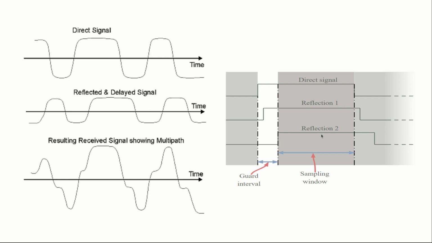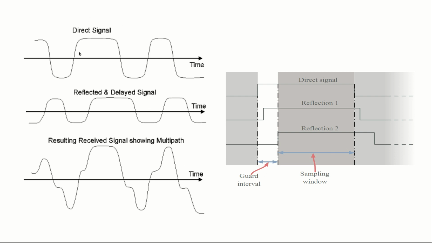This one is reflection 2. It is occurring at a different time. The time in between the directed signal and the reflected signal is called the guard interval. This is our sampling window and this is our guard interval.